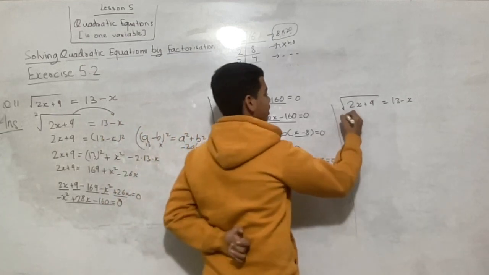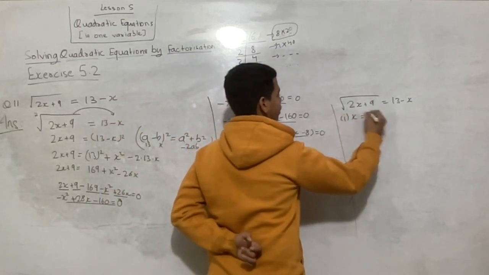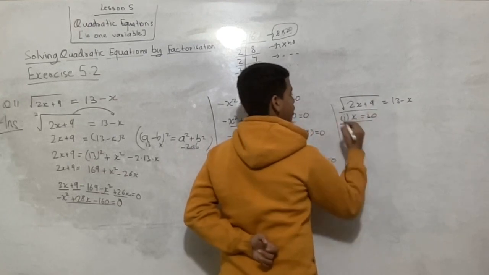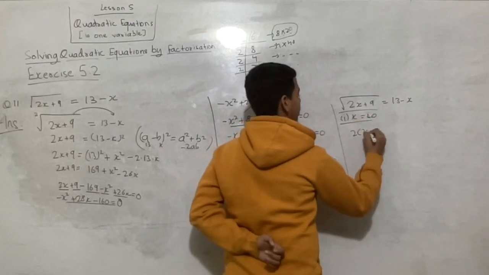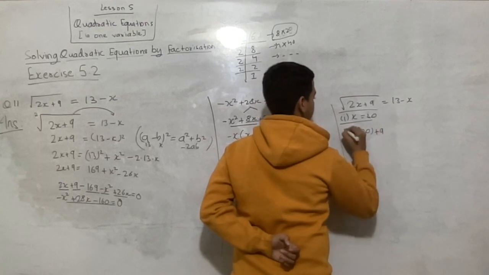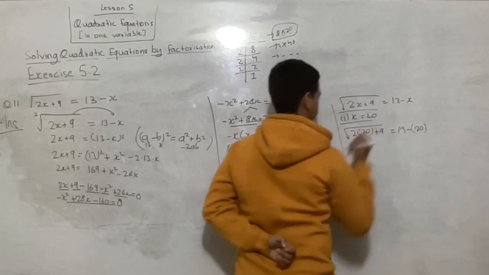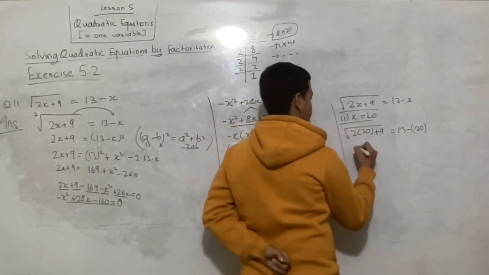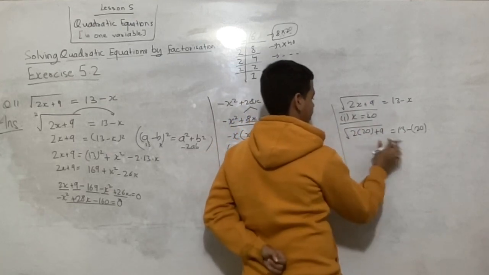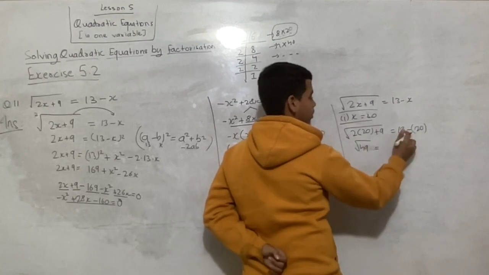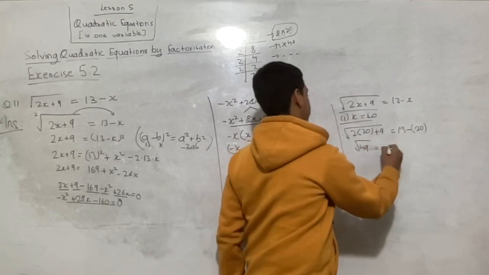This is the first thing we'll take. Okay, now let's put this value. We get the square root of 2 into 20 plus 9 is equal to 13 minus 20, because x is also here. Now 2 into 20 is 40, 40 plus 9 gives you 49, square root of 49 is equal to, what is 13 minus 20? Minus 7.